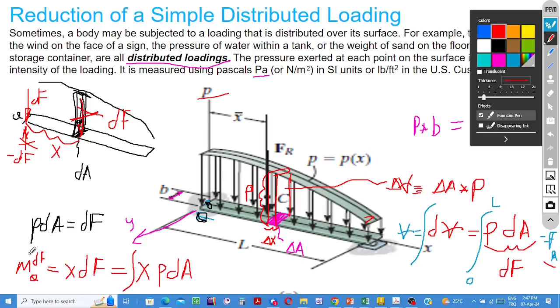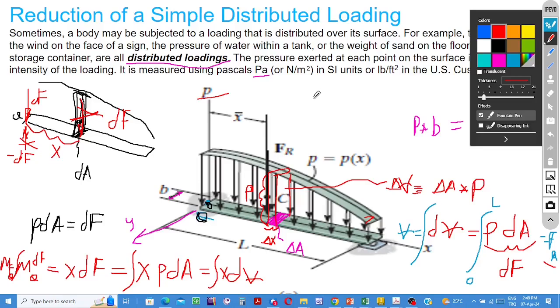If we take the integral on both sides, we find the resultant couple moment with respect to O, and it is equal to x times the integral of PdA, which is the volume under the load curve, x times the volume. This volume is the space under the curve. That is the resultant moment.